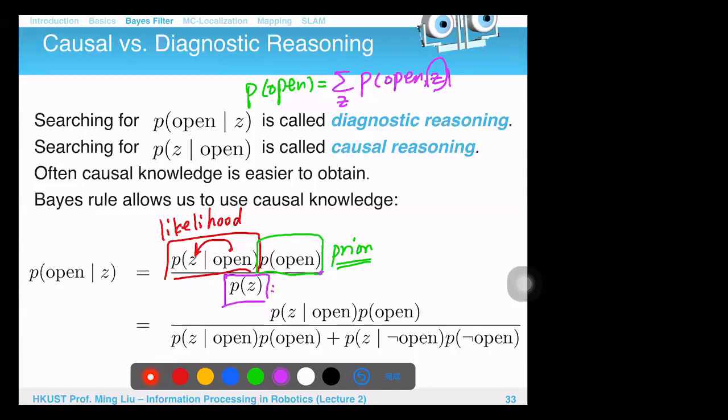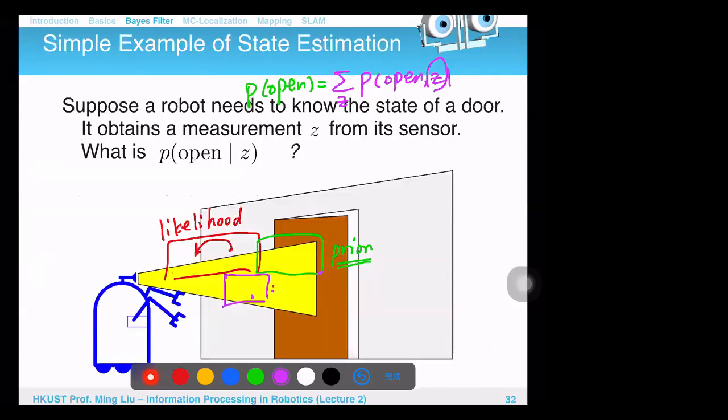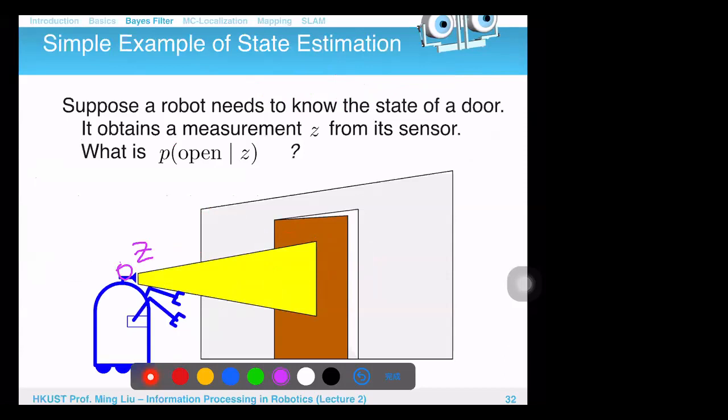But this Z, as I mentioned, is a value. It's like you don't care whether the door is open or closed. You just do a full day of experiment, take the value of your sensor Z, and plot it out, and finally you have a distribution.